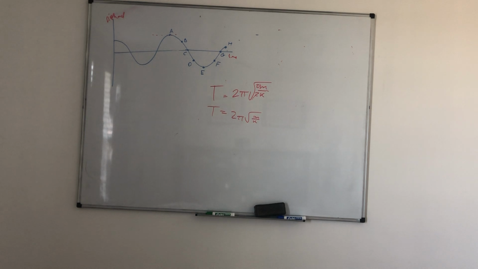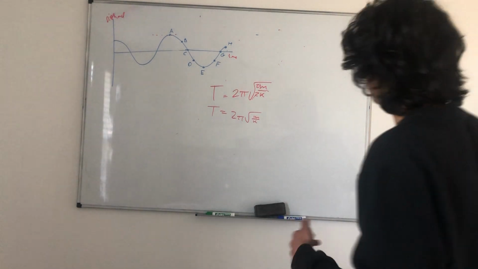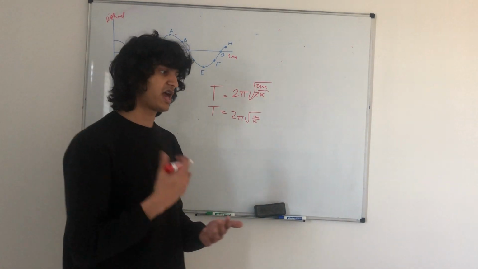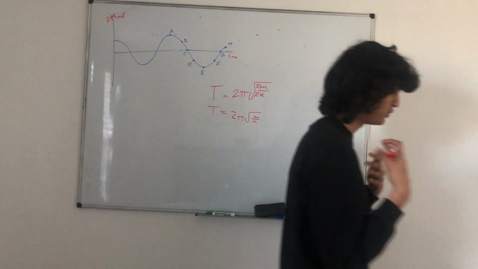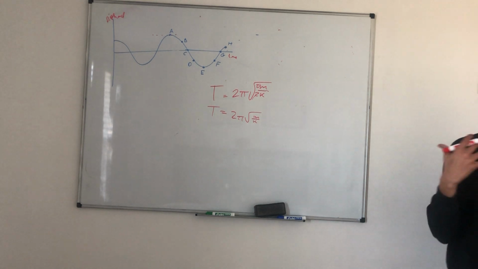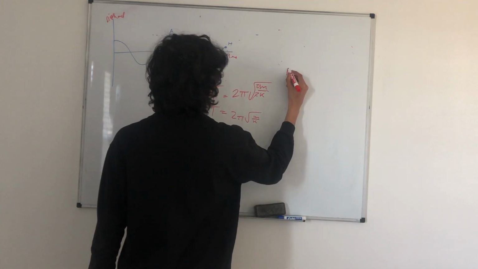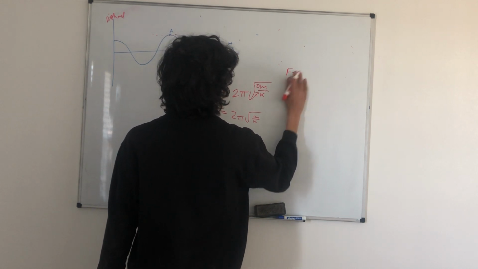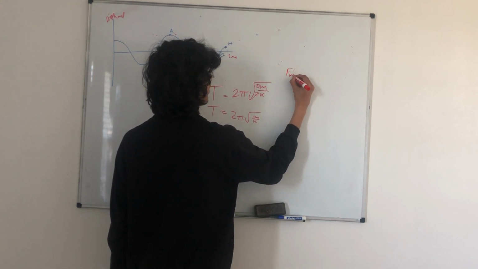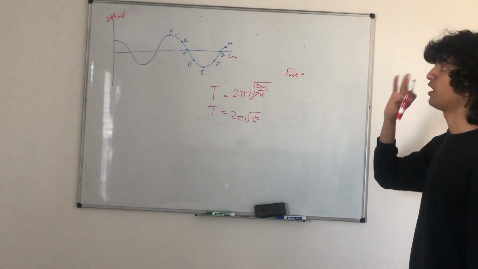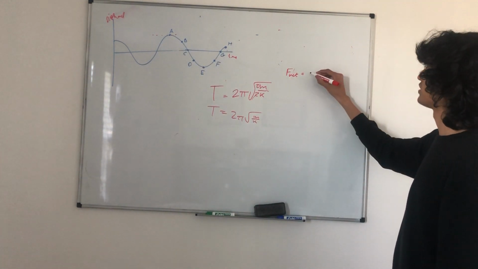However, to conceptually understand it, remember, when you double the mass, you're going to have more inertia. It's going to be harder to accelerate. But when you double the spring constant, F net is equal to ma.